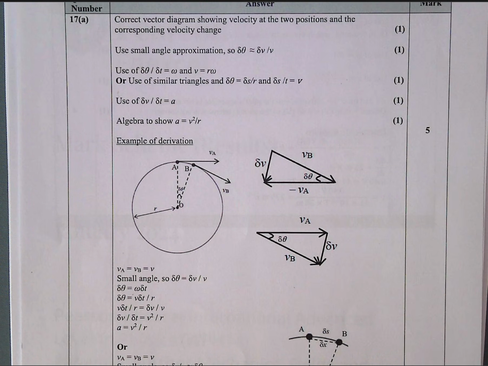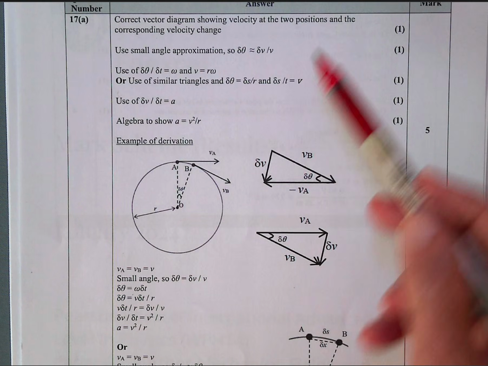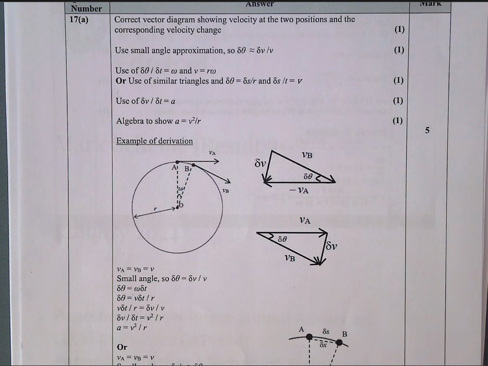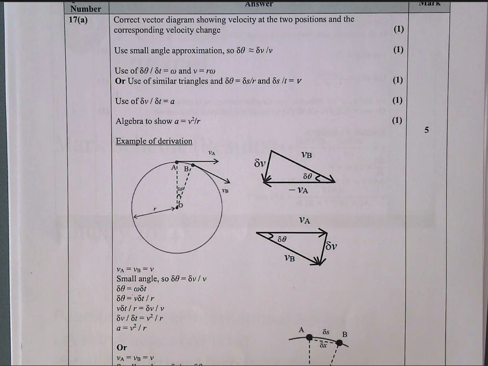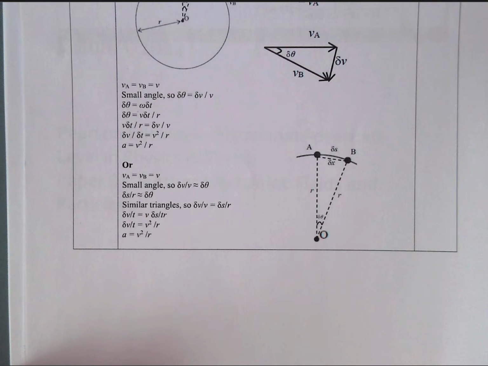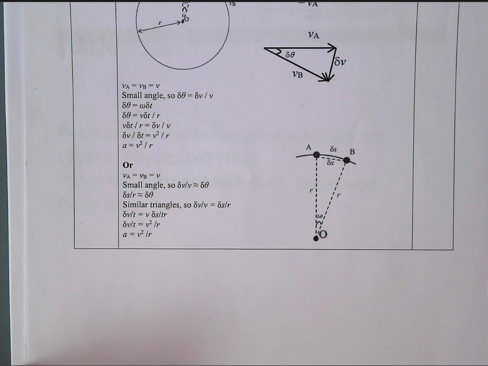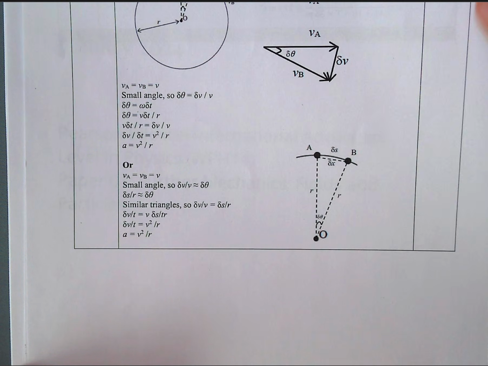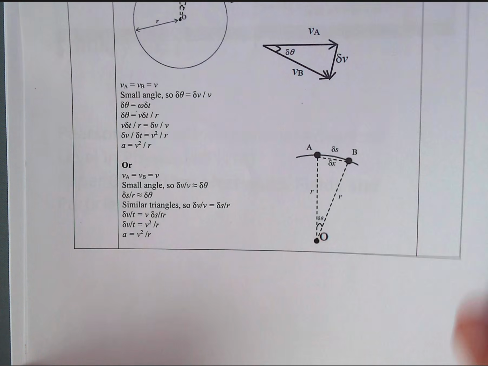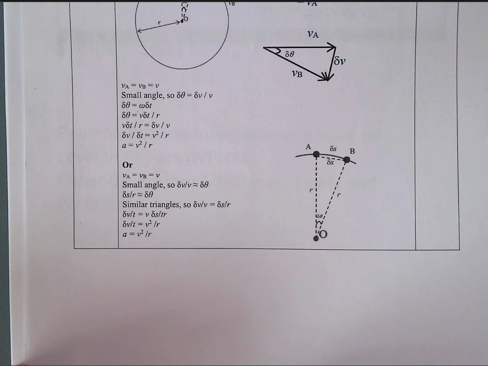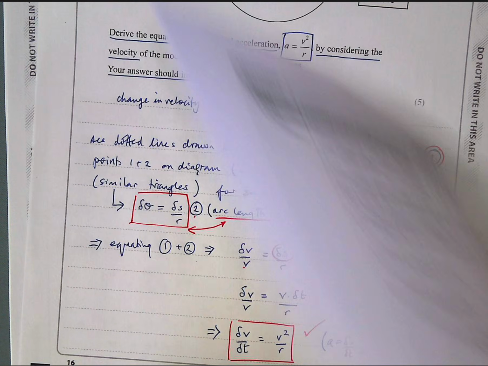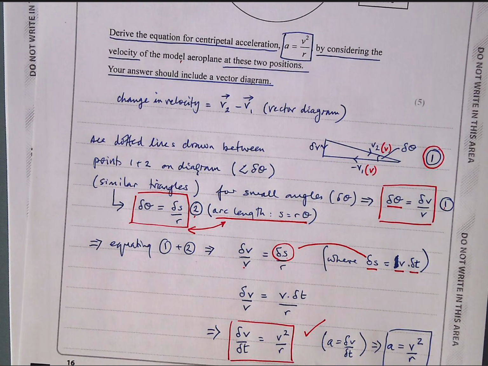And you'll notice they've got examples of working out how they give you the 5 marks, the diagrams they've drawn, which is similar to mine. And the one method is the similar triangles as they put here. I hope you find my answer clear enough. Otherwise you can have a look at the mark scheme and work out an alternative solution to proving it. Okay, so that's question 17 done.